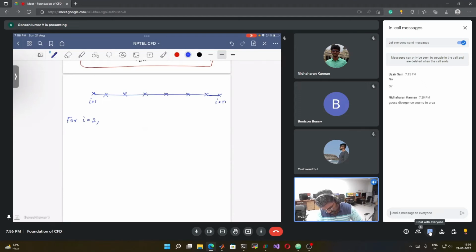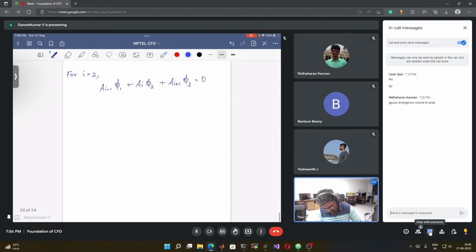What we will do is we will write it like ai minus 1 phi 1 plus ai phi 2 plus ai plus 1 phi 3 is equal to 0, right? Similarly, for I equal to 3, what you will do? ai minus 1 phi 2 plus ai times phi 3 plus ai plus 1 phi 4 is equal to 0.